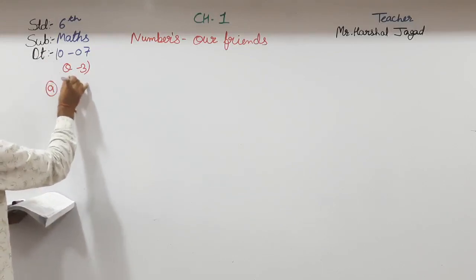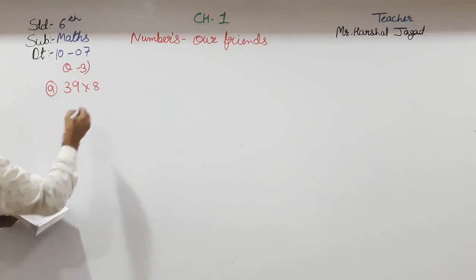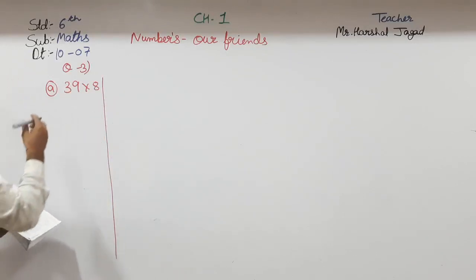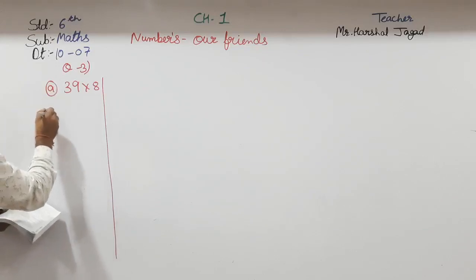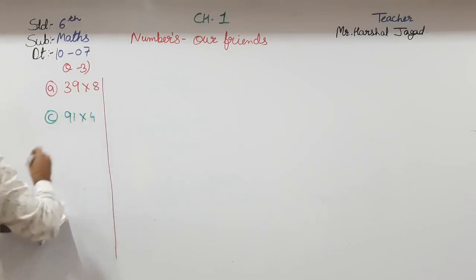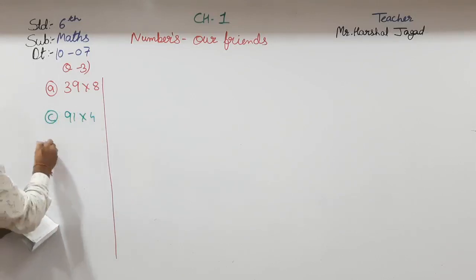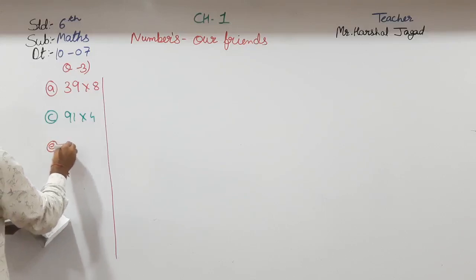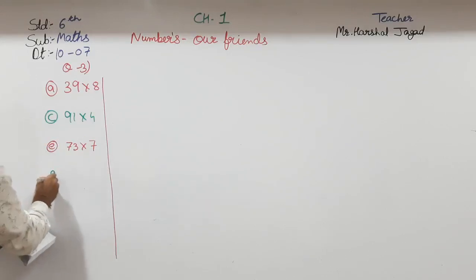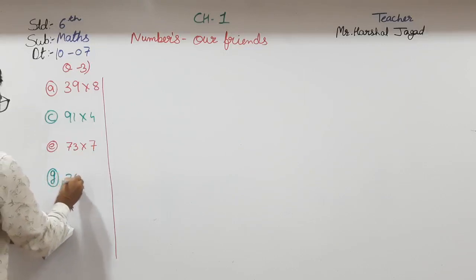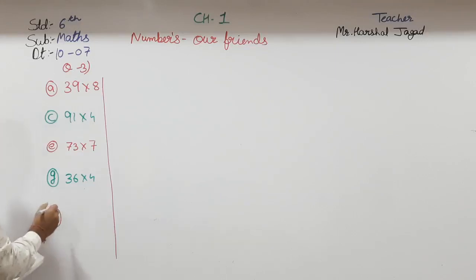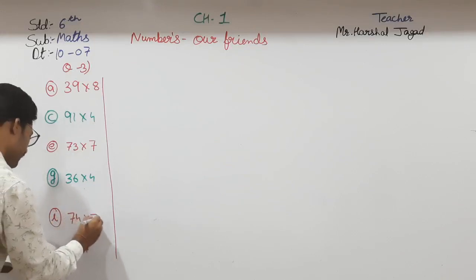The question is 39 into 8, which is the multiplication, and then after round off, we will do C, that is 91 into 4, then E, that is 73 into 7, then G, 36 into 4, then I, that is 74 into 7.